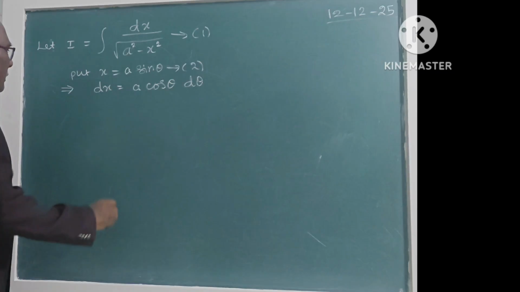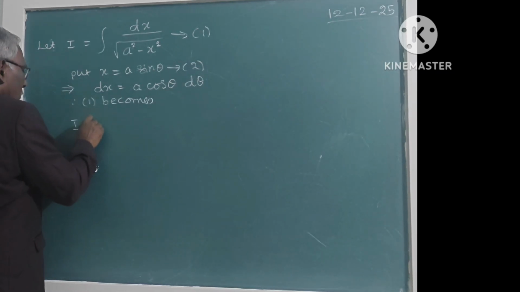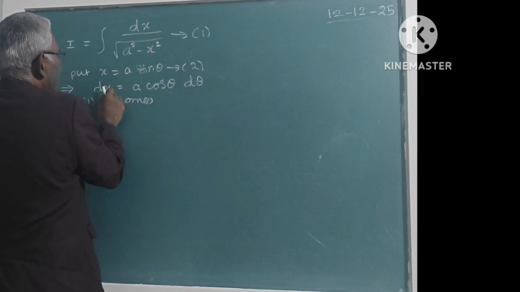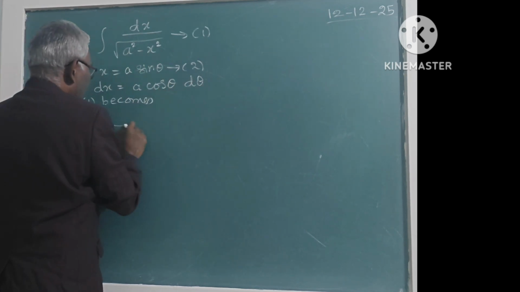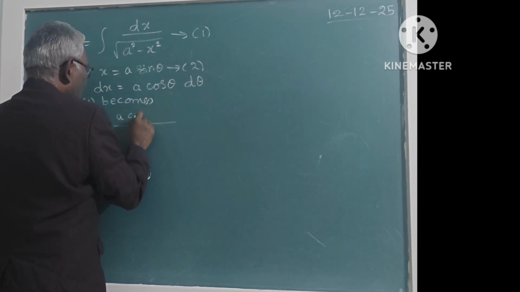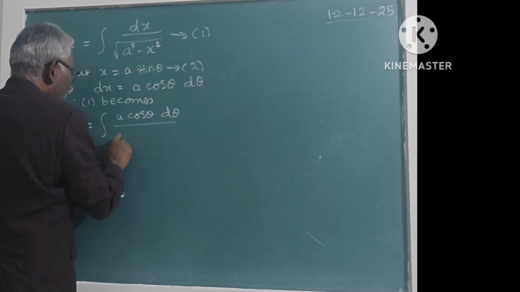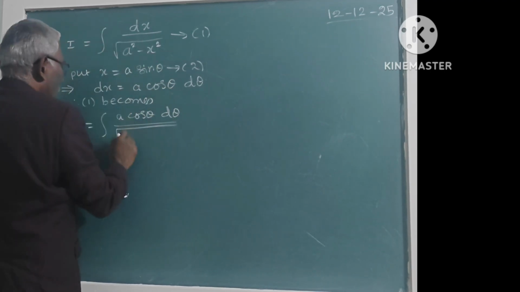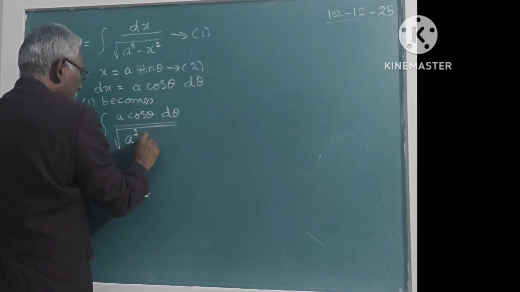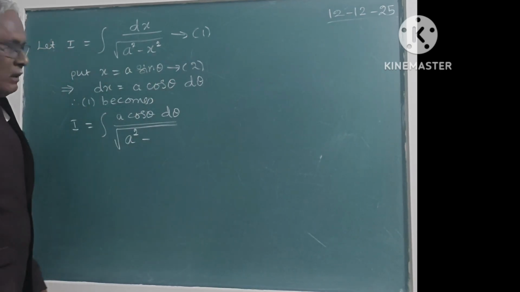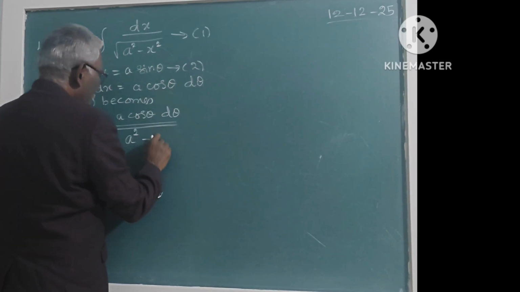Therefore, 1 becomes I is equal to integral dx. Dx is a cos theta d theta, by square root of a square minus x square. X is a sin theta, x square is a square sin square theta.